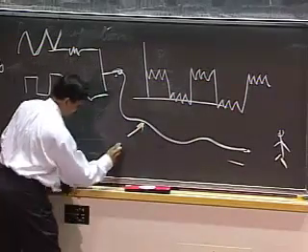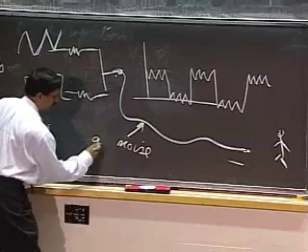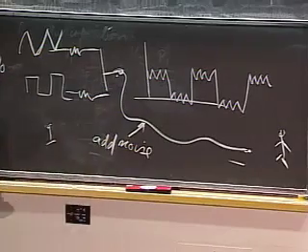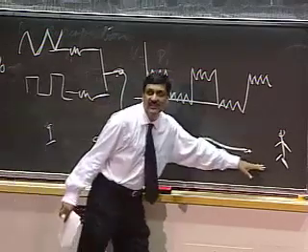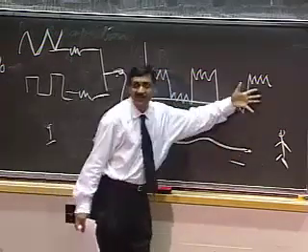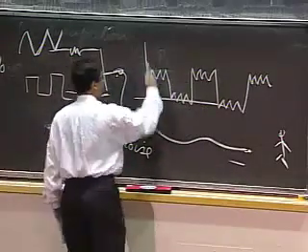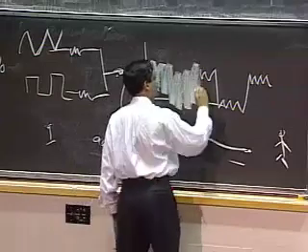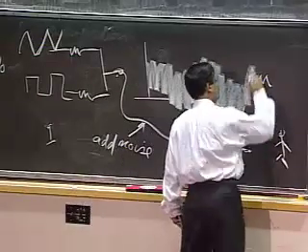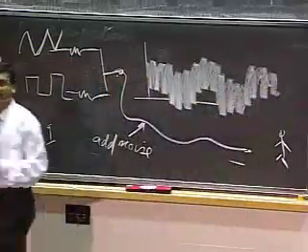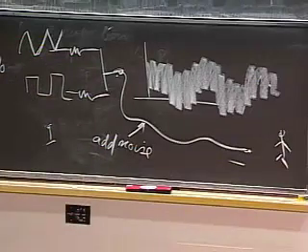So let's say a bunch of noise gets added into the signal there. What I end up seeing here is not something that looks like this, but something that looks like that. This is not unusual.